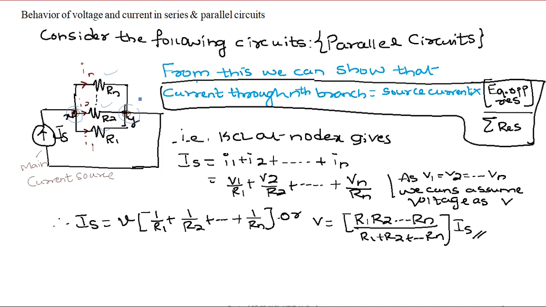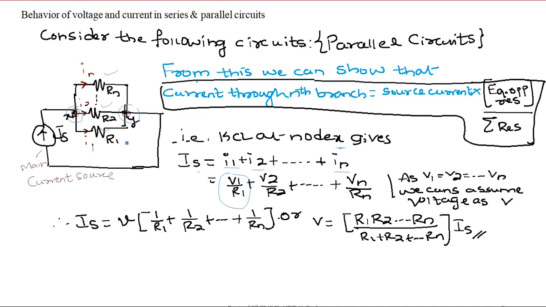Okay. If you apply KCL at node X, then we have one current which is entering, that is Is, and all other currents we have assumed as leaving, that is I1, I2 till In. Okay. If you consider the definition of I1 from Ohm's law, we can write I1 is equal to V1 by R1.